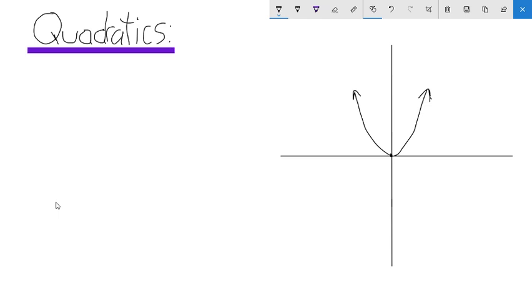So let's go ahead and start out with a simple expression, and then we will evaluate it. We know what x times x is, right? That's going to be x squared.